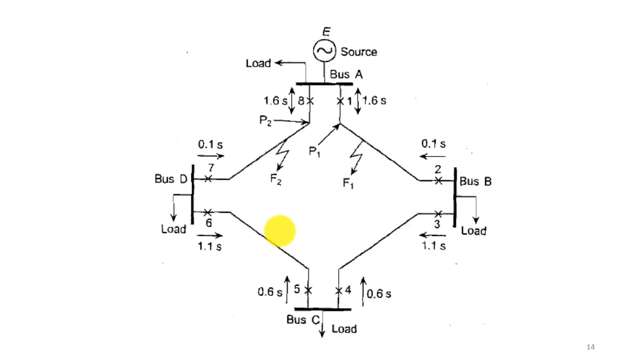Similarly, here is another example of a mesh network. We call it a ring feeder, right? So for a ring feeder also we can see here we have 4 buses, and they are interconnected in a mesh form, and the only source is E here, and that is providing all the loads connected at different buses, right?